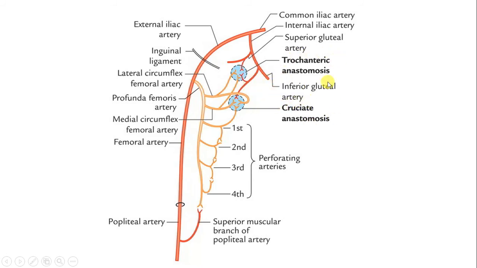The very important thing to understand here is that if this is external iliac, this is the internal iliac. So basically these two anastomoses are between the external iliac and the internal iliac artery.